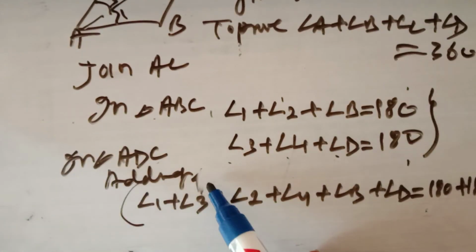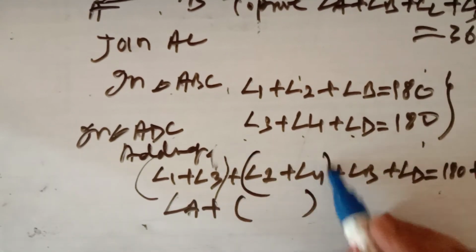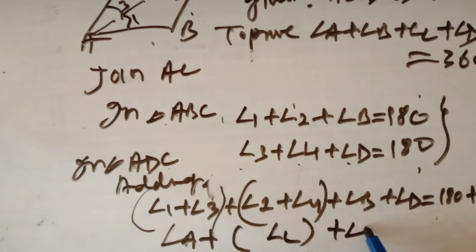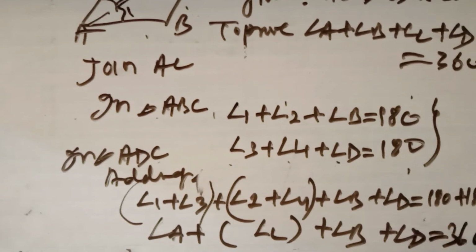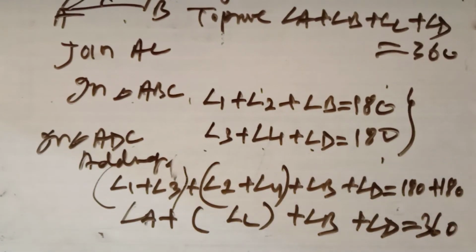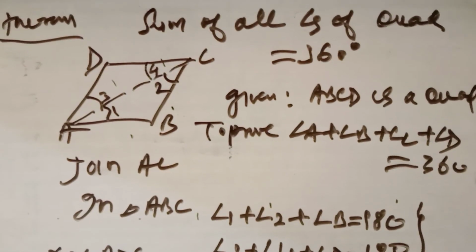Now you see it carefully in the figure. Angle 1 plus 3 is angle A. Angle 2 plus angle 4 is equal to angle C. So angle A, angle C, angle B and angle D sum to 360. So the sum of all angles of a quadrilateral is 360. This is known as the angle sum property of a quadrilateral.